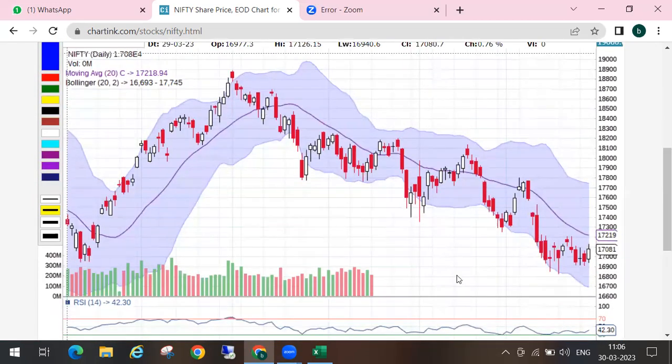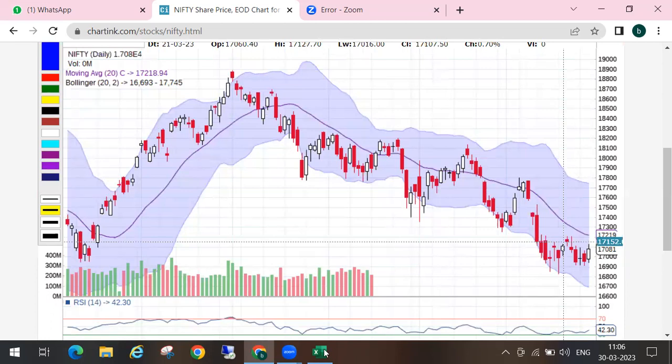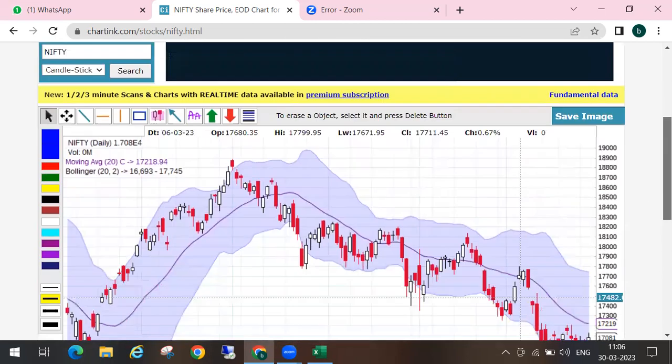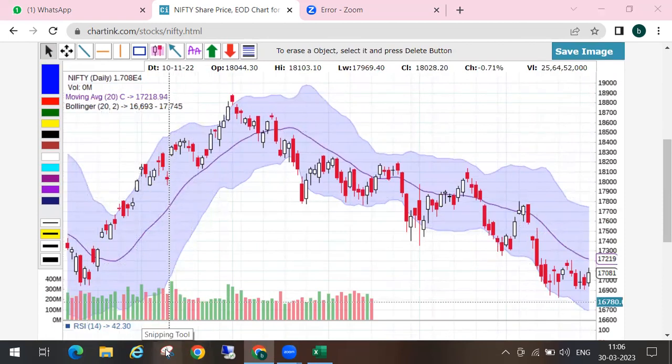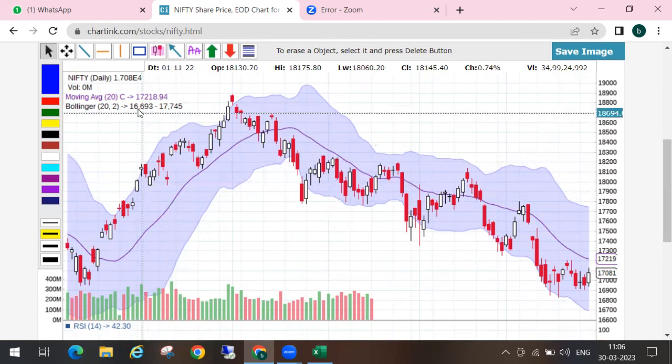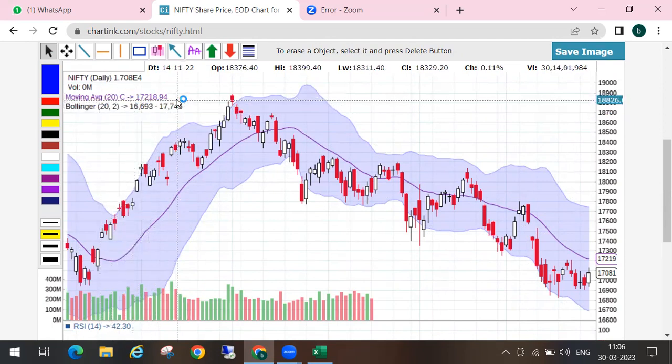Okay, so we will see our Excel calculation based upon this particular chart figure and see how we are arriving at these values. Okay, so how we are arriving at this Bollinger 22 upper band, lower band, and the 17,219.